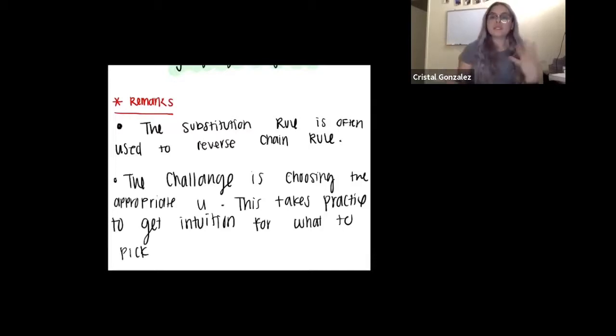Okay, so what this is saying is, yes, we know the substitution rule is used to reverse chain rule. But the challenge for u sub is kind of the same challenge, a little bit different, as when you were learning chain rule. You know how sometimes things just got weird, and that's normal. The challenge is picking that appropriate u, that inside function.